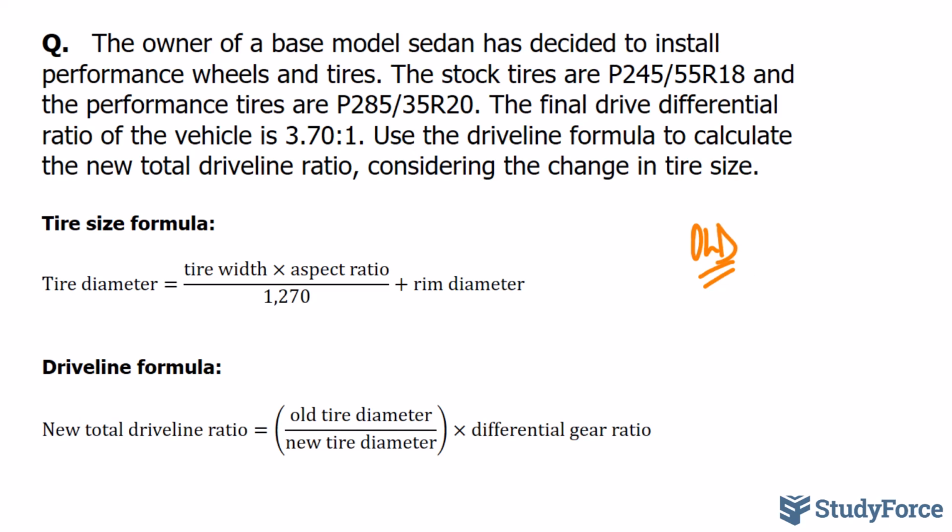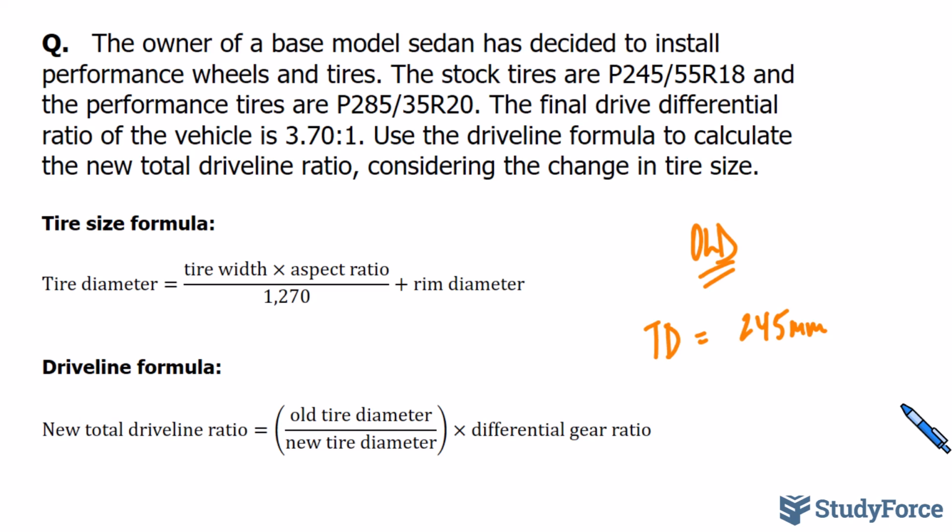Using this formula, I'll represent TD for tire diameter, and the tire width, according to the tire size given in the question, is 245 millimeters. We then multiply that by the aspect ratio, and the aspect ratio here is 55, or as we've learned in previous videos, 55%. But unlike in the previous video, where we had to change 55% to 0.55, for this formula, we don't need to do that.